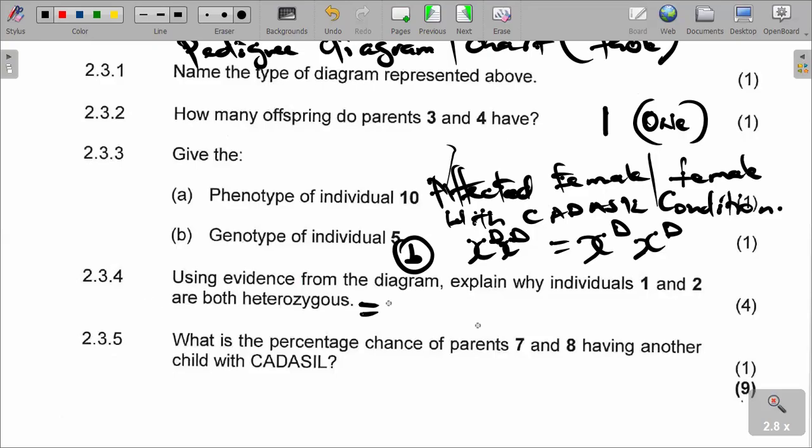This question can also be proven by calculating.